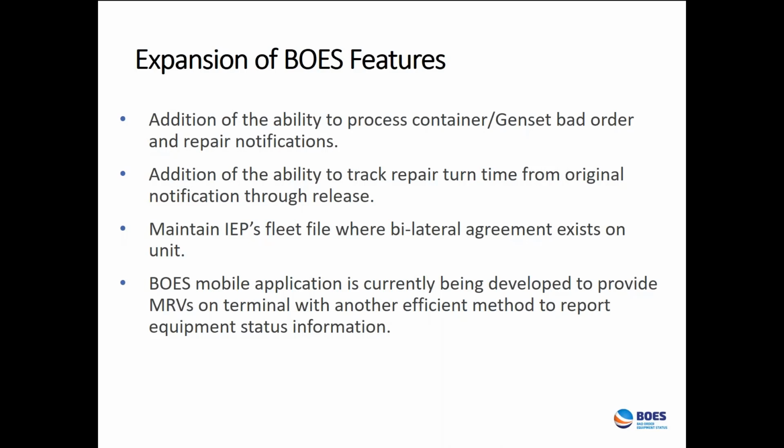The other item that we added, there were some APs that actually have commercial arrangements with other intermodal equipment providers where they manage part of their inventory, their chassis fleet. So we implemented a process where we can handle that within the BOES application, because right now, as I indicated, when we get a transaction that comes in, we then check it against GEAR to see who the responsible IAP is.